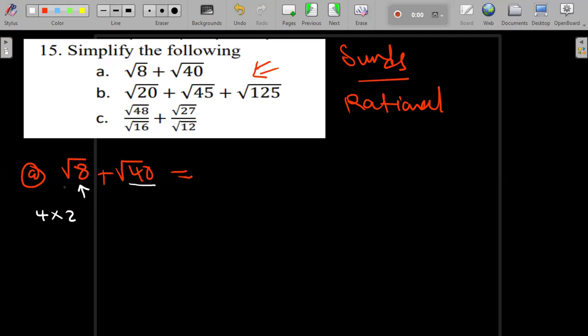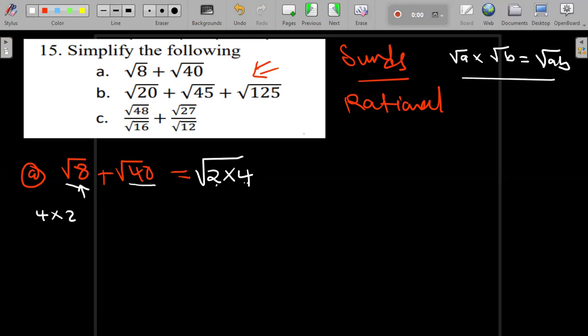So the 8 here, we know that it can be written as the square root of 2 multiplied by 4. We know that 2 multiplied by 4 is going to give me back the 8. So by that first rule that we said, if you have square root of A multiplied by square root of B, this is the same as square root of AB. Remember this rule?